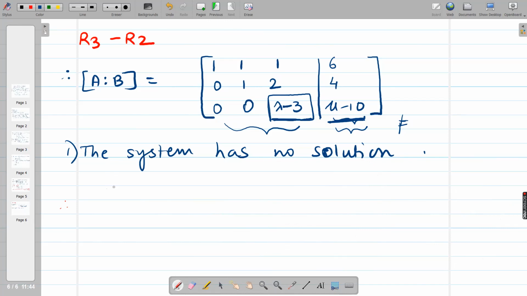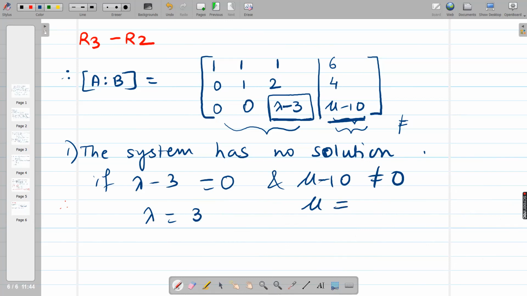So the system has no solution if lambda minus 3 is equal to 0 and mu minus 10 is not equal to 0. That is, lambda is 3 and mu is not equal to 10. In these cases, the system will not have any solution.